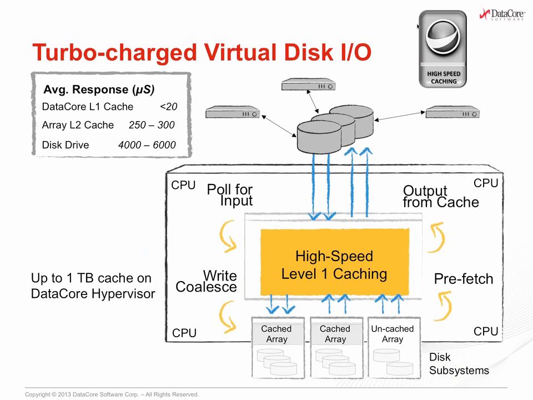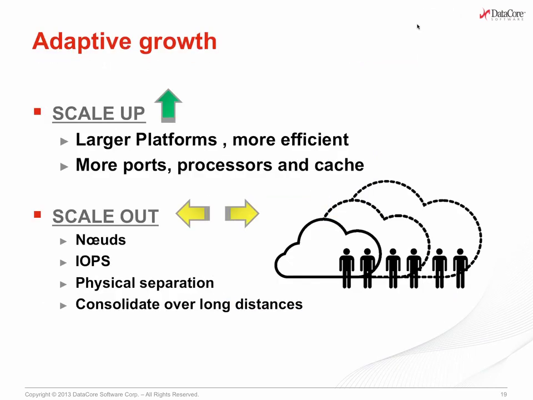So we've got a fast write and a fast read. This is how we acknowledge all the IOs very quickly to the applications and, of course, the tier 1 applications.